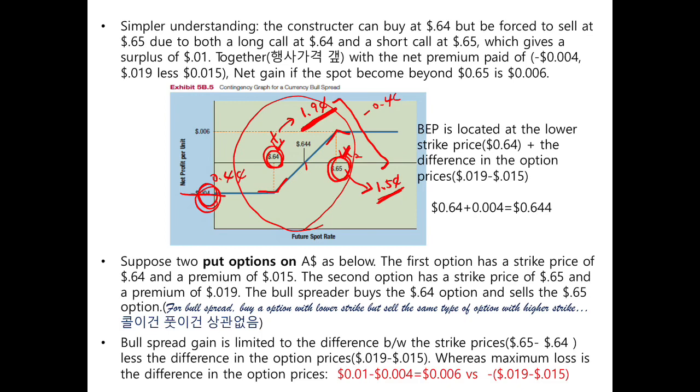Now let me make my own explanation. So let me summarize. We have two options. First option, the exercise price is 0.64. The second option has a higher exercise price, right? The premium for the first one is 1.9 cents, and the premium for the second one is lower, 1.5 cents.